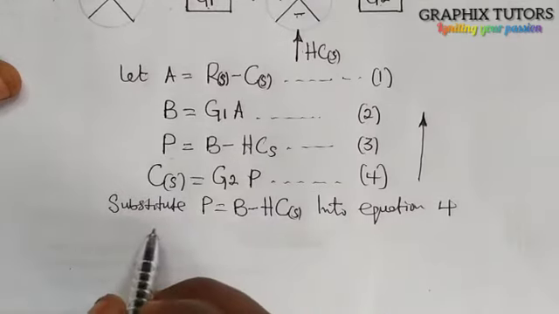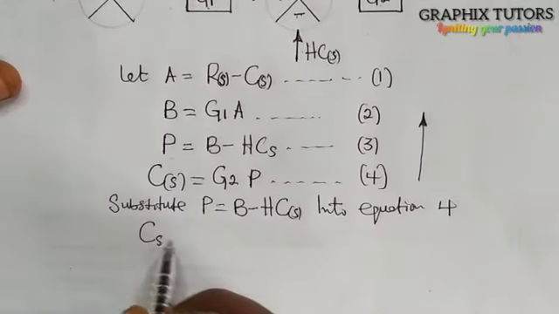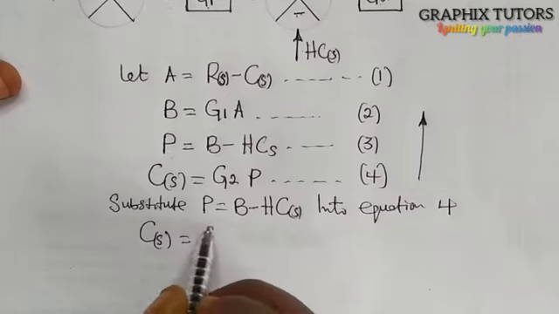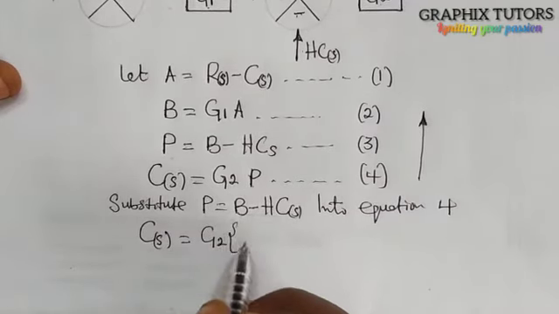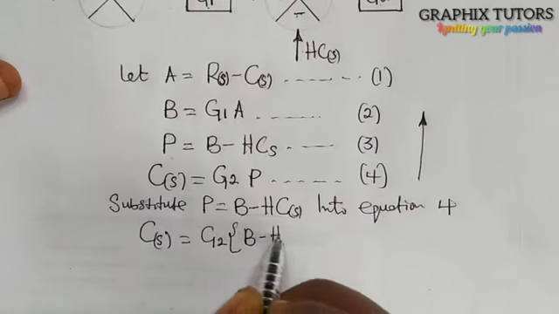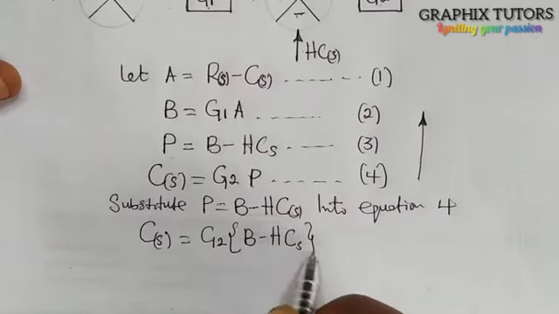So we write C(s) is equal to G2, and I'm writing my P, I will input this value, and that will give me B minus HC(s), right?